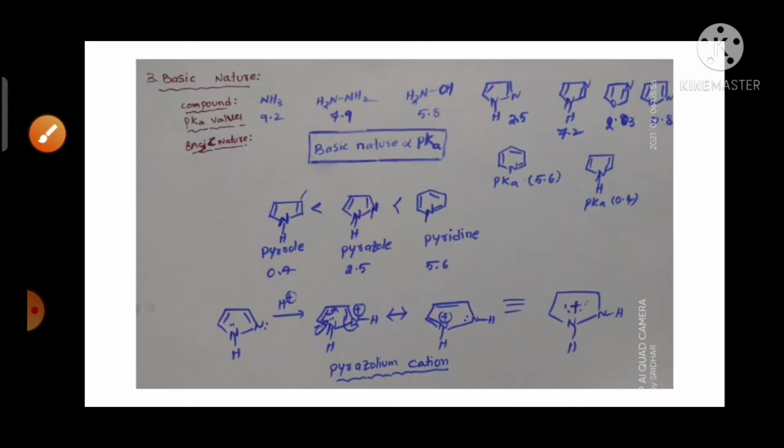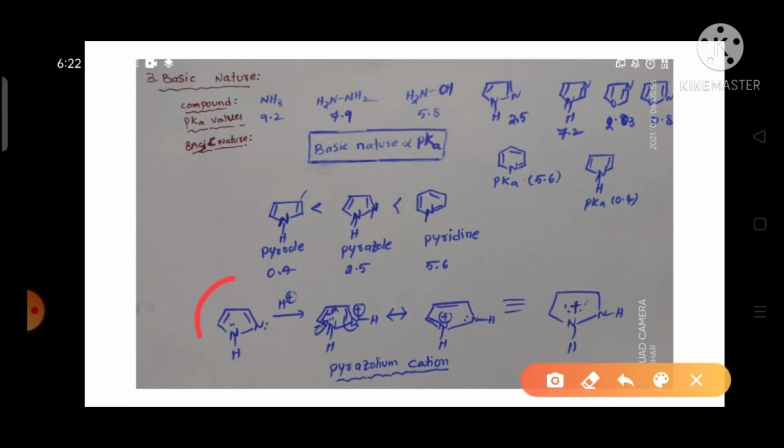Now we go for the chemical properties. We know very well that due to the presence of the nitrogen atoms, this pyrazole acts as a Lewis base. And we have to remember that when nitrogen is attached to a more electronegative atom, like another nitrogen atom or oxygen atom, its basicity decreases.